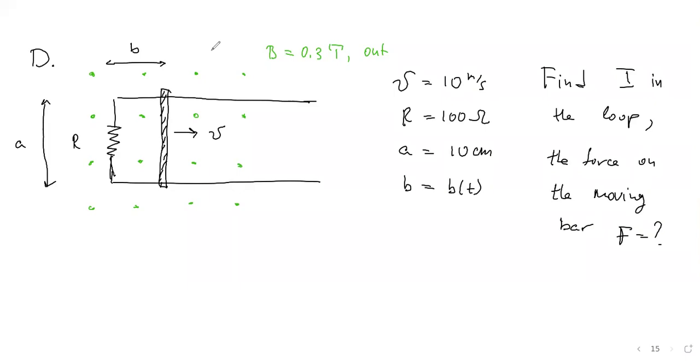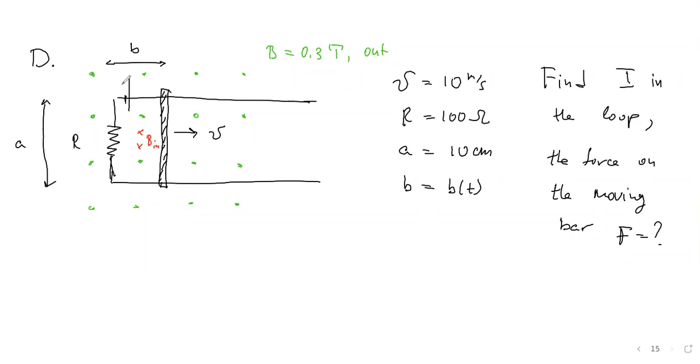We get more and more dots of this green field. Then how are you going to fight with this? There's going to be a magnetic field induced in. This is your induced field. Then what should be the direction of the current or direction of the induced EMF? It should be clockwise.